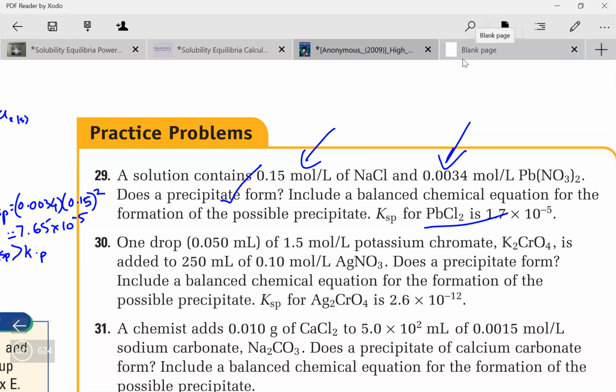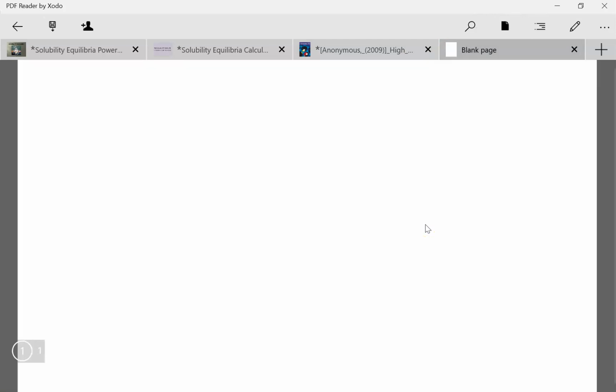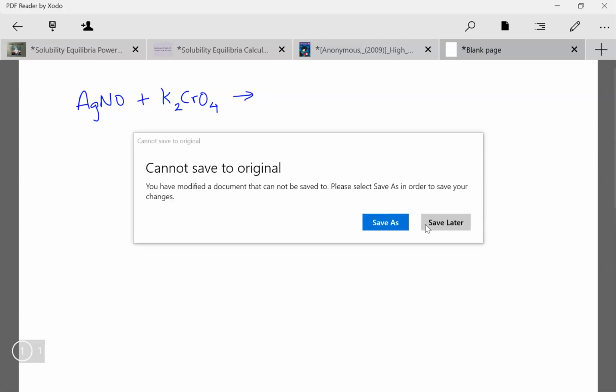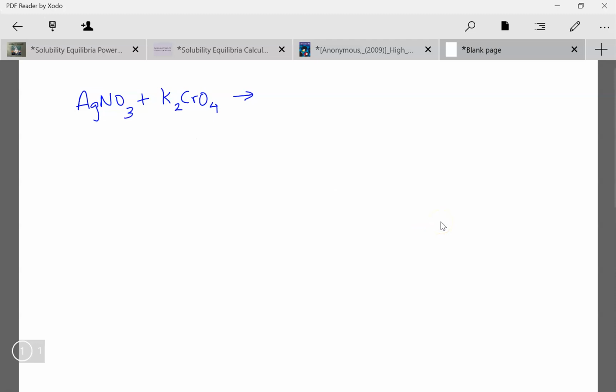Potassium chromate. What did I say again? Silver nitrate plus potassium chromate, double displacement reaction.